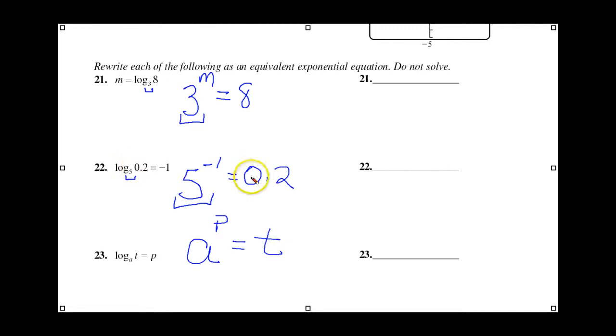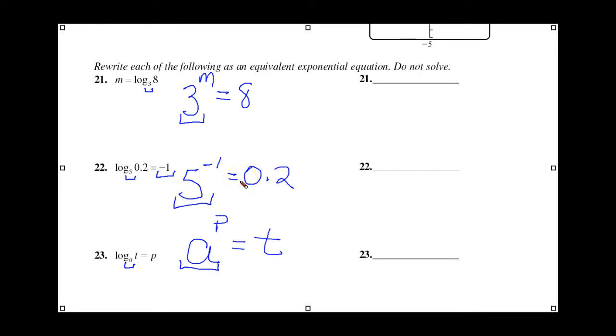It's going to equal 0.2, and our exponent is a -1. And again, the general form, a is our base. It's going to equal t, and our exponent is p.